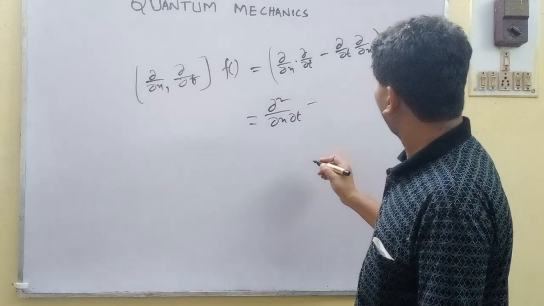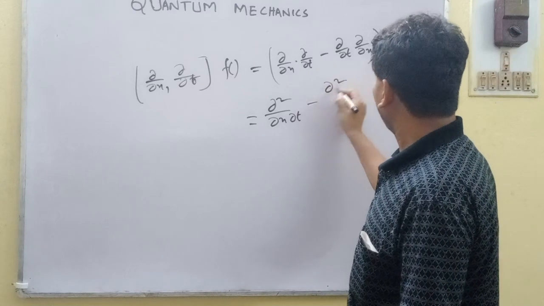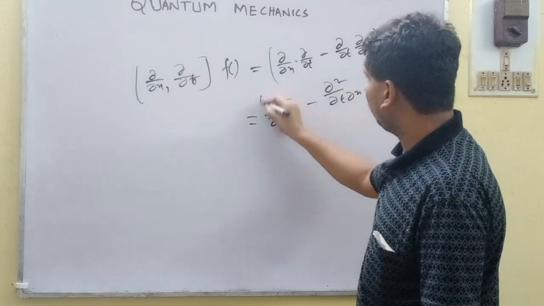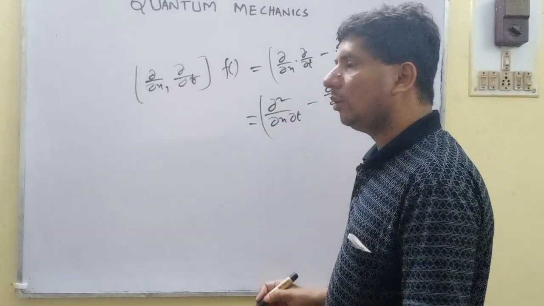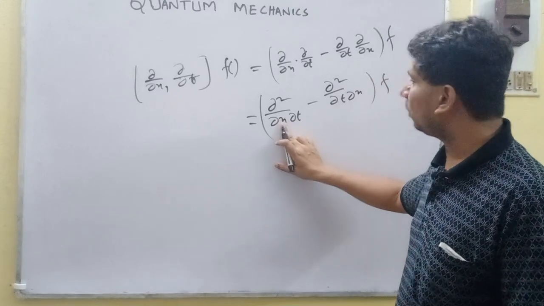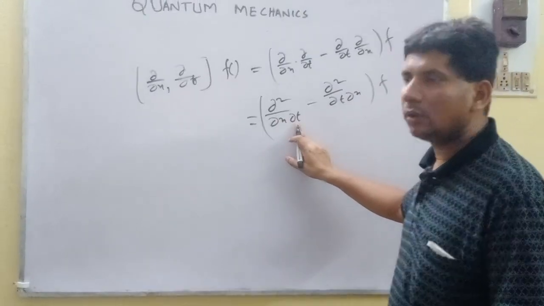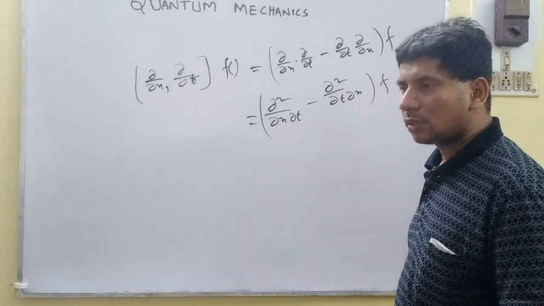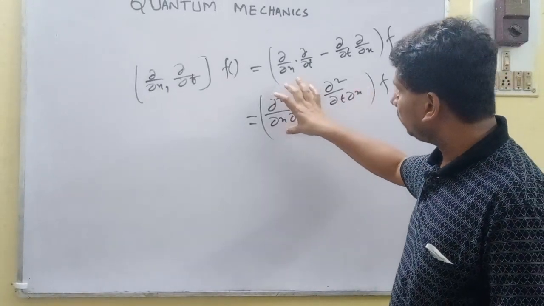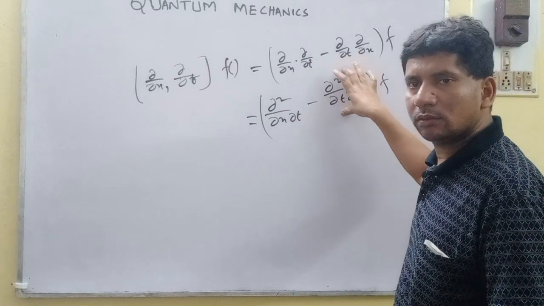Then what happens here? Del 2 del x del t f minus del 2 del t del x f, and since it is just position and it is time, this is just multiplication, and this may cancel out this.